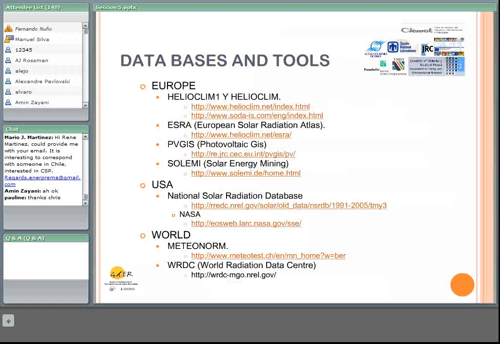We also have some databases and tools. Some of them are for free, and some of them are commercial products. I've listed here a few of them, for example, the HelioClim or the European Solar Radiation Atlas, PVGIS, which I think all of them are public.